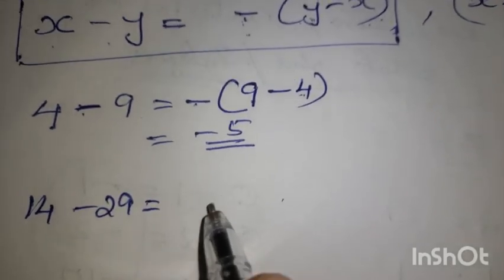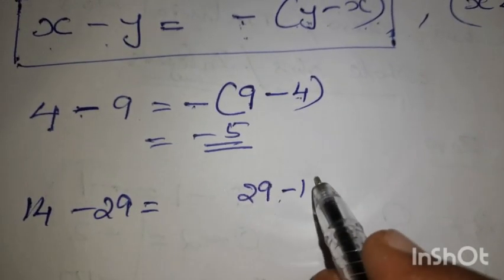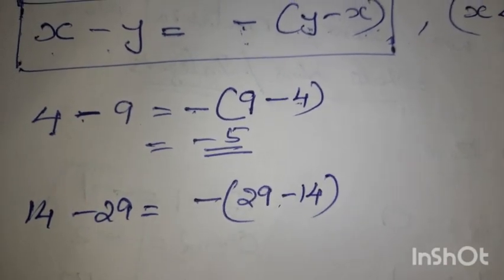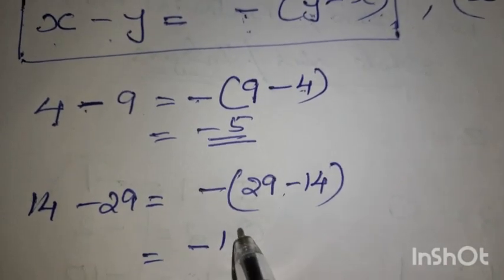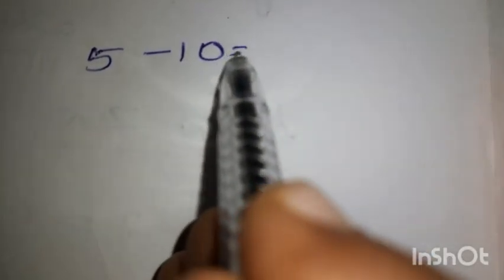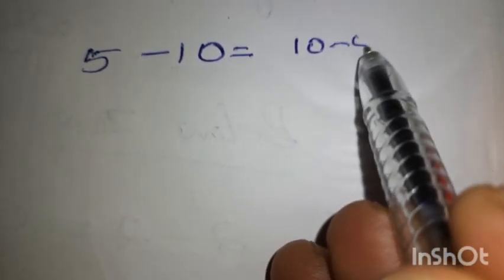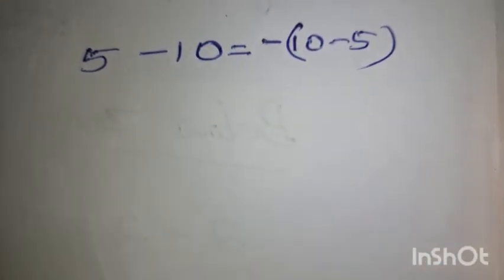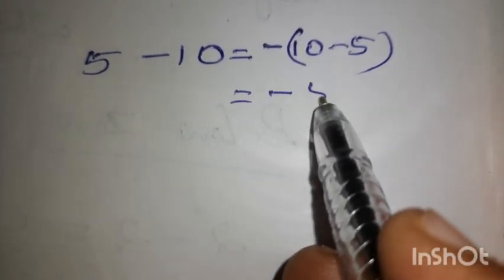How will you write? You have to subtract 29 minus 14 and keep the sign of minus. So minus 15. 5 minus 10, how will you write? 10 minus 5, you have to do it. Then keep the minus sign. So minus of 5.